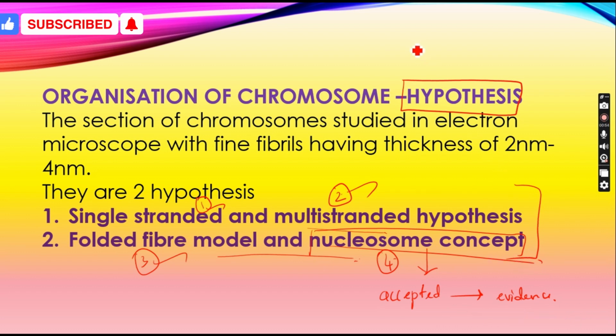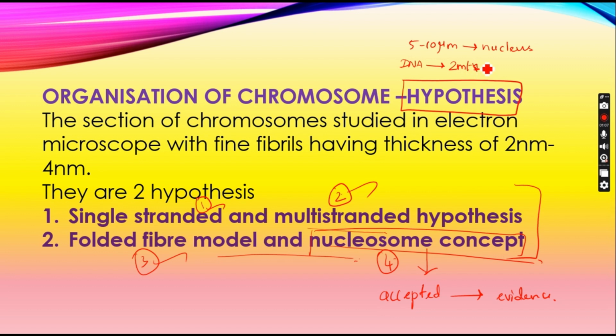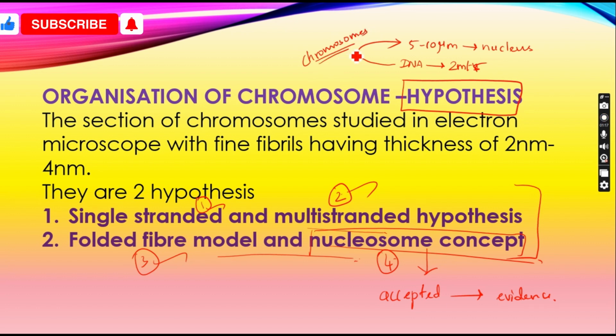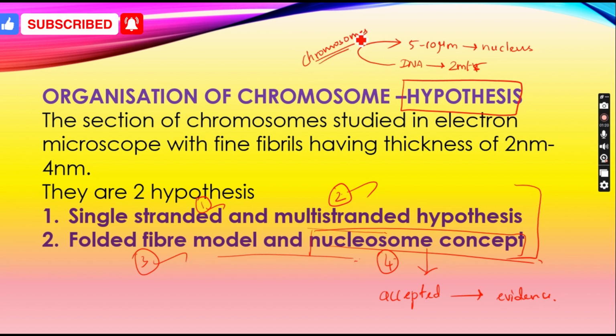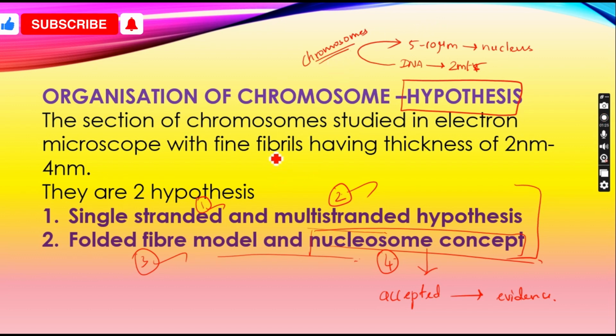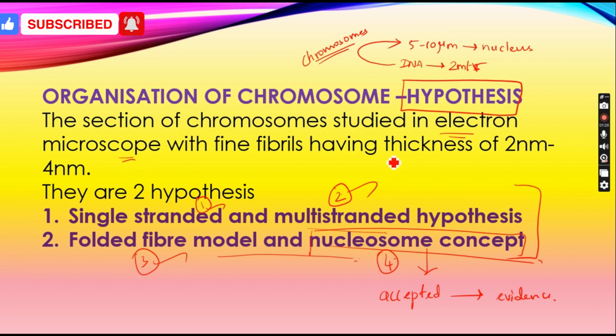As we said, the nucleus has a diameter of about 5 to 10 μm, but each DNA is about 2 meters long. It is compacted in the nucleus into the chromosome. How this compaction takes place is detailed and proposed by different hypotheses. These compacted chromosomes can be seen in the electron microscope as a fibril of 2 nm to 4 nm.